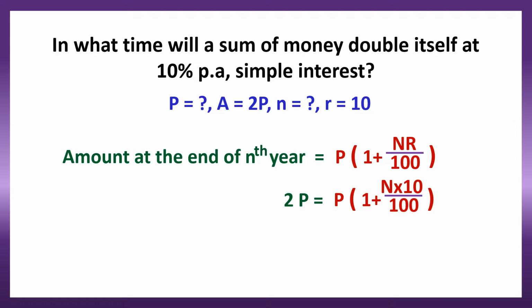Now this P can be taken to the left hand side. So 2P divided by P is equal to 1 plus N into 10 divided by 100. 2P divided by P, so P gets cancelled. That becomes 2 is equal to 1 plus N into 10 by 100.